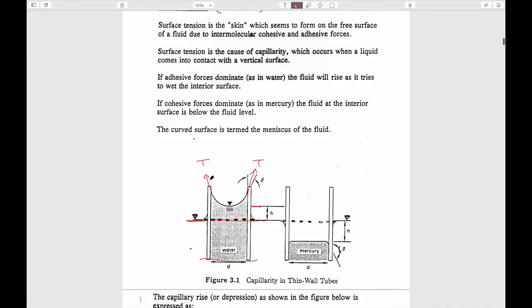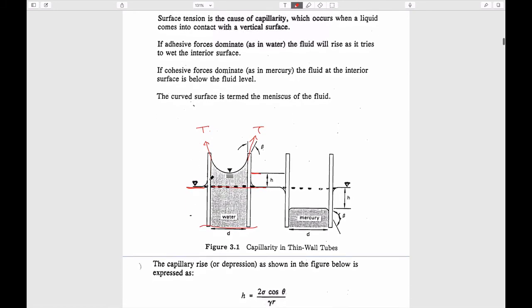And so we can do a calculation to figure out exactly what this height rise would be as a function of this surface tension which is pulling up. It's a very simple calculation, and it needs only a very simple conceptualization.